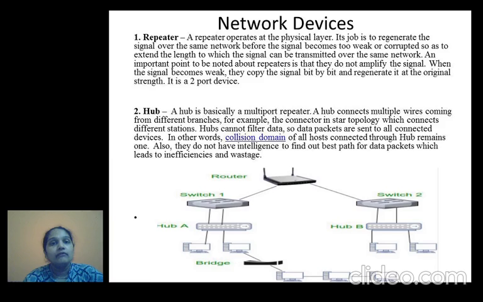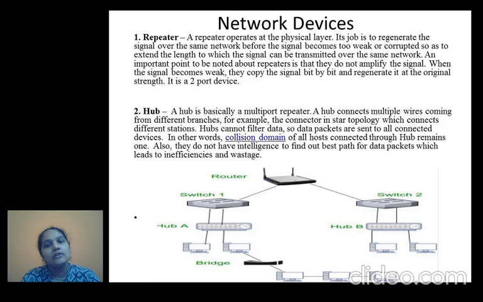Since the hub has multiple ports, we can attach multiple nodes to it. The hub connects the multiple wires coming from different branches. So the hub is used in the star topology.